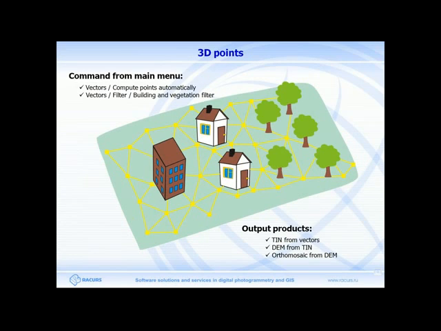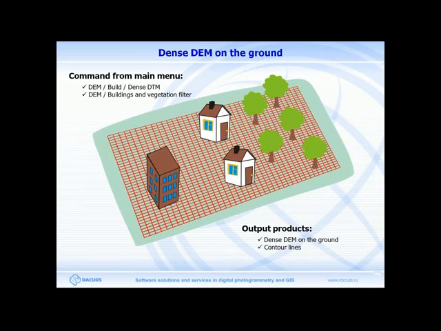In PHOTOMOD, there are special tools for automatic measurement of point clouds and automatic filtering of buildings and vegetation. Surface TIN can be created on the filtered pickets, and then a digital elevation model can be built on the TIN.